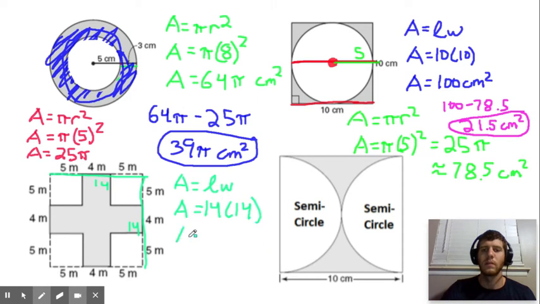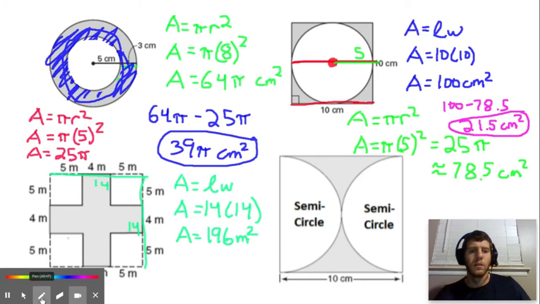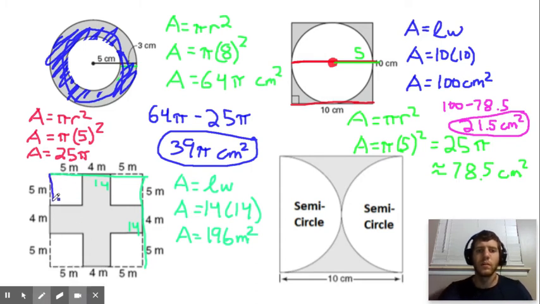So our area here is going to be 196 meters squared. And then I noticed 4 rectangles for the white area, which are 5 by 5. So area equals length times width, and that's going to be 5 by 5.